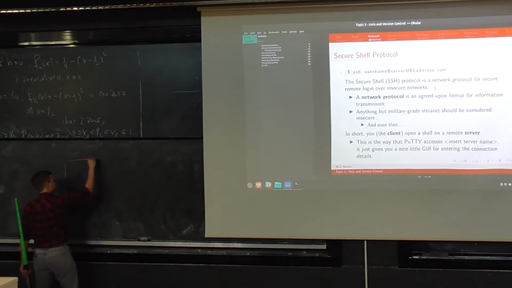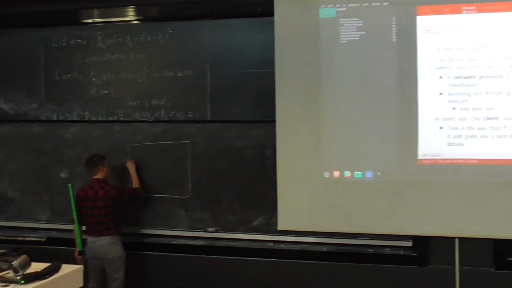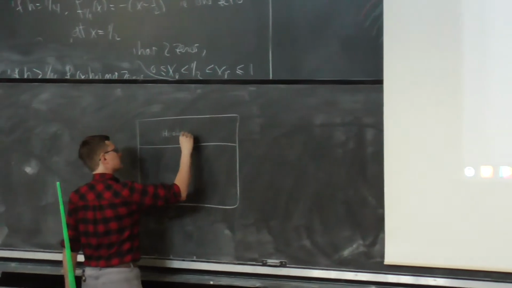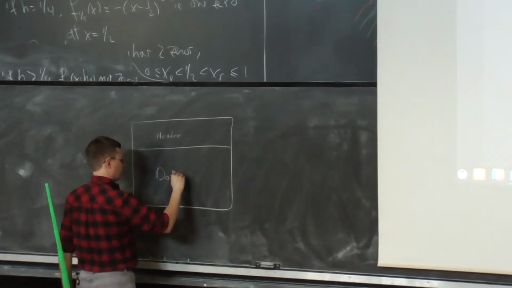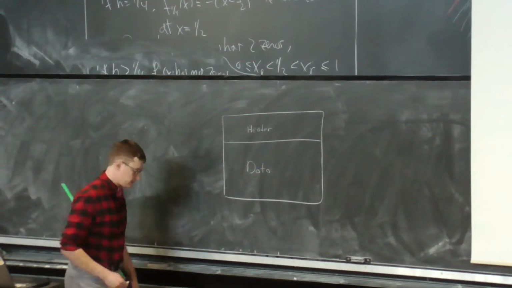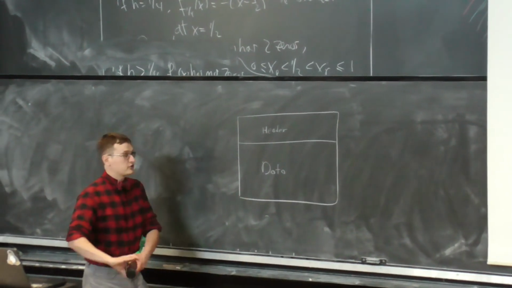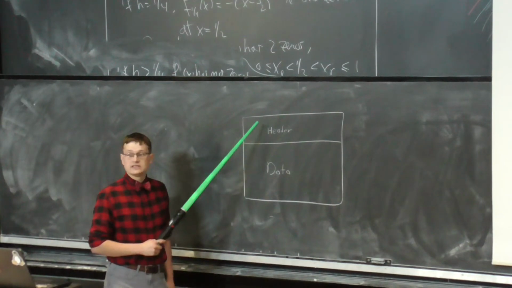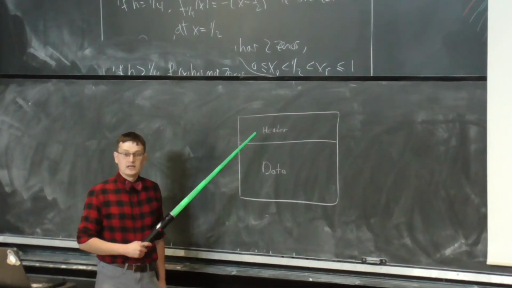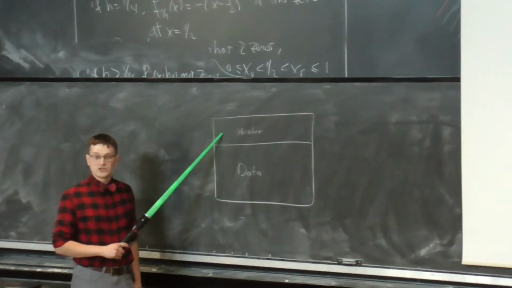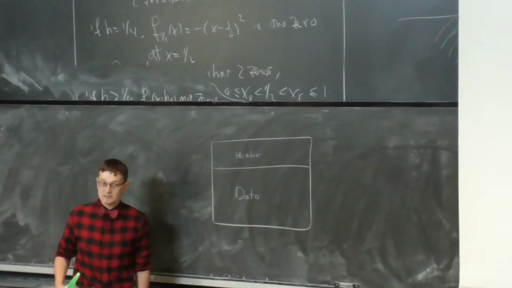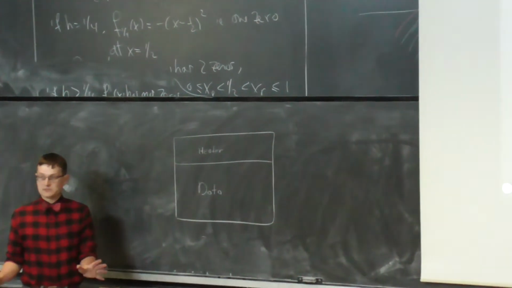Ordinarily, you have a header with data following it. The header will specify many things: the origin point of the data packet, the destination, how many bytes the packet contains, security information, checksums, information relevant to the decoding of the packet if it's an encrypted packet, all of these types of things, right?